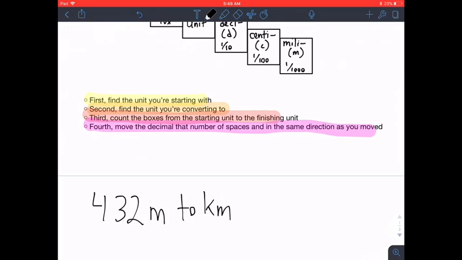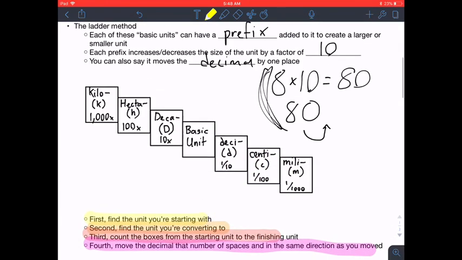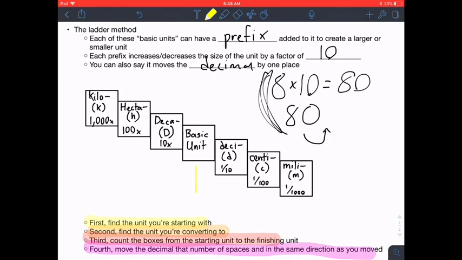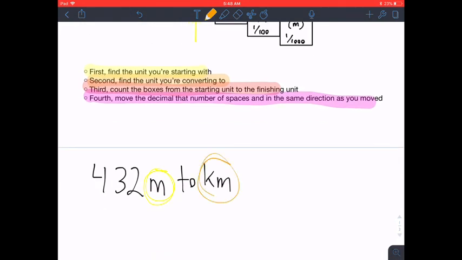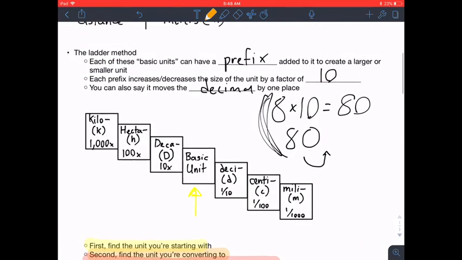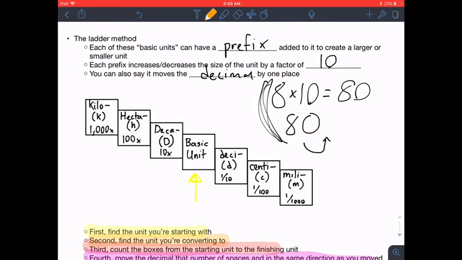The unit we're starting with is, I'm going to do it in yellow, meters. Meters is the basic unit right there. Second, we're going to find the unit I'm converting to, and that is kilometers right there. That uses the prefix kilo, which is on this part of the diagram.